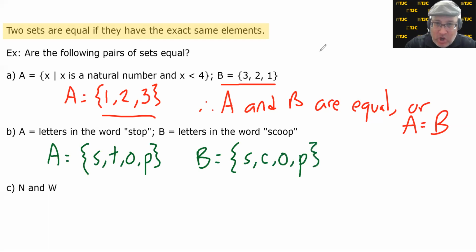And the issue we haven't talked about before is whether or not we should repeat an element. Clearly in the word scoop there are 2 O's, but should I list it more than once? Should I list it twice when I'm listing the set in roster form? And the answer is no. Because when you have a collection of objects, all you want to know is who belongs to the set.